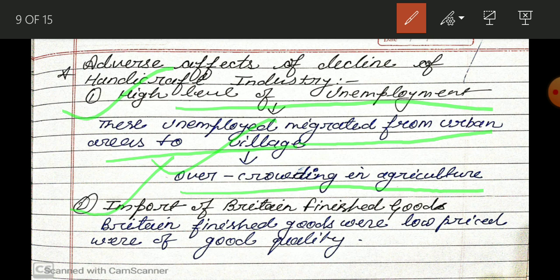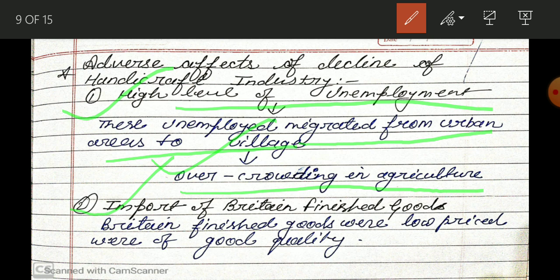On the other side, Britons were manufacturing their goods with the help of machines, so they are able to produce more and more goods at a very low price in less time. So Indian handicraft industry and its products are not able to survive in front of British goods.